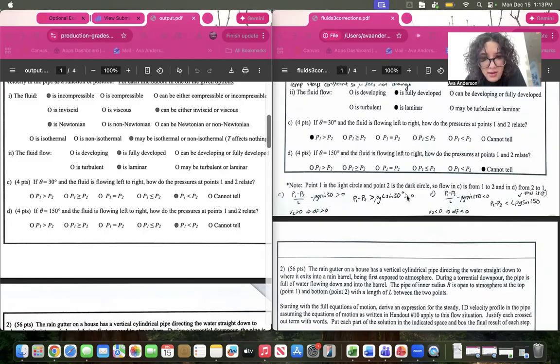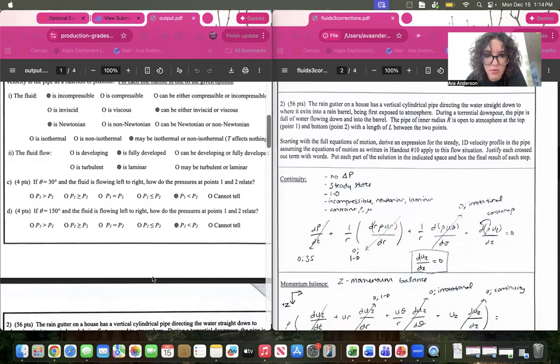In order to be greater than zero, P1 has to be greater than P2. But for part D, when theta is 150 degrees, P1 minus P2 is less than L rho g sine of 150. Since that term is also positive, we can't really tell with the information that we have if it's greater than, less than, or equal to.